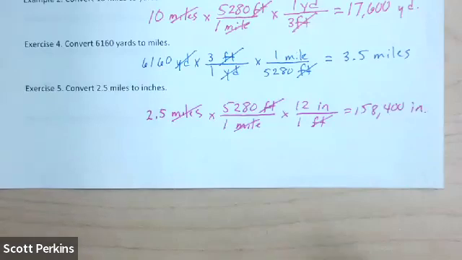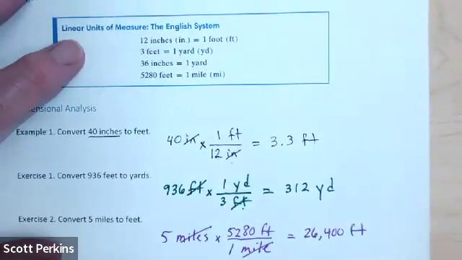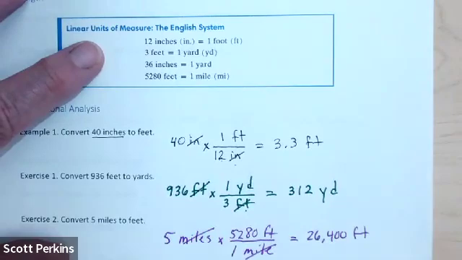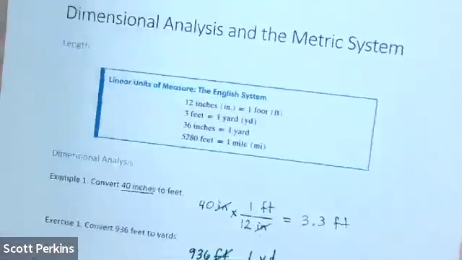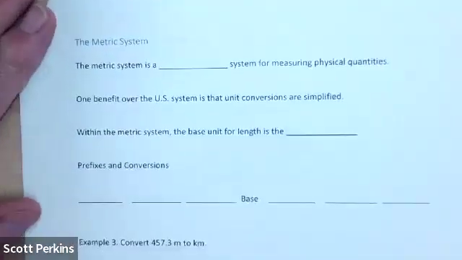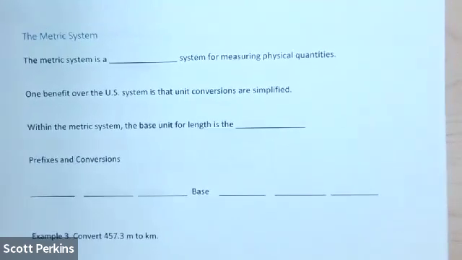We've just been practicing dimensional analysis with the units that we use in the US or the English system for length. Now we're going to turn our attention to the system that the rest of the world uses, and that we use kind of unofficially a lot, which is called the metric system.